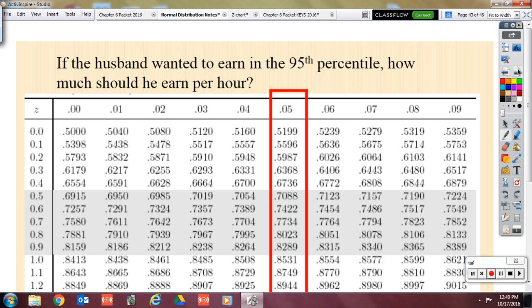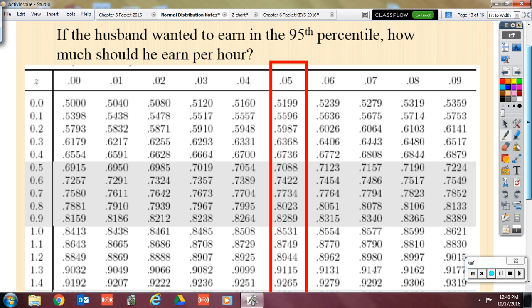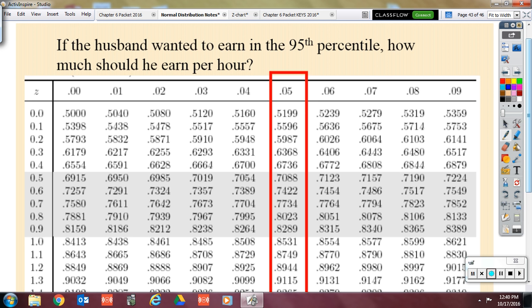Okay? Moving on. So what if we wanted the husband to earn in the 95th percentile? He's in the 93rd percentile, but he wants to be in the top 5%. If he wants to be in the top 5%, he has 95% below him. Okay? So I want to find top 5%, 95% below him. Where on this z-chart is the area below him?